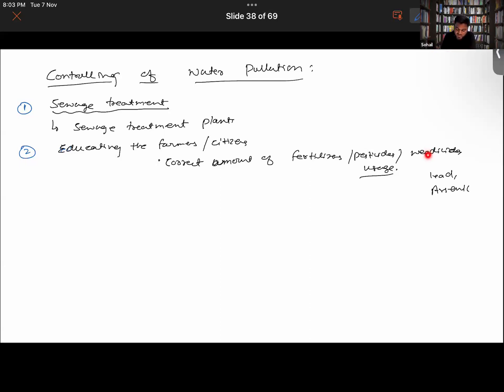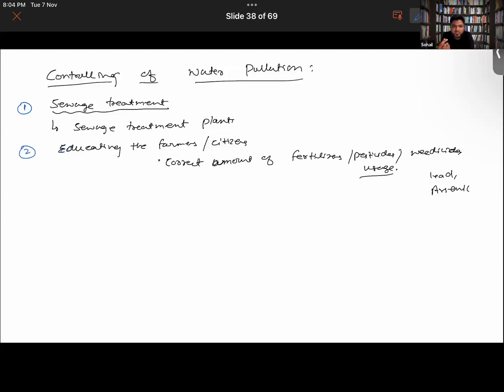So questions are asked like, what are the harmful impacts of weedicides on the plants? Weedicides have some impact on the main plant also. Normally, it will not directly impact the main plant. What will happen?